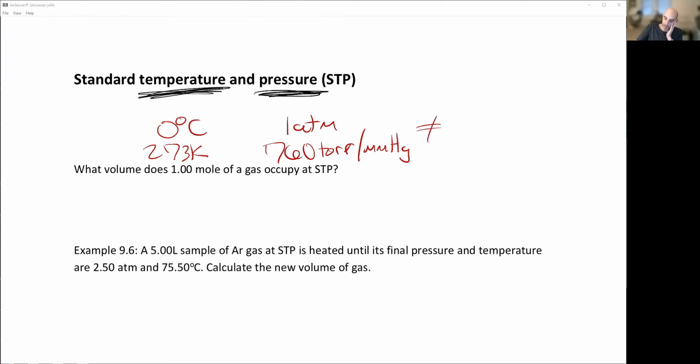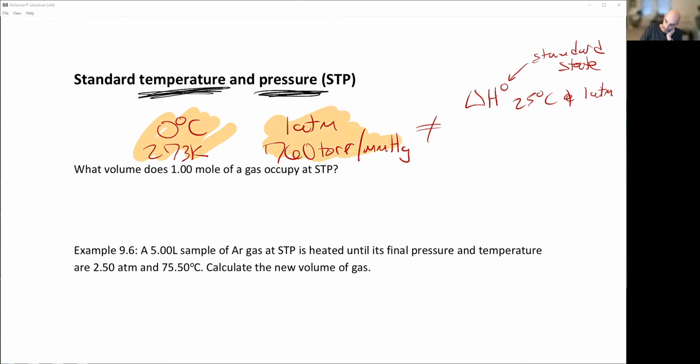It's important that this does not equal the delta H naught, where we had this idea of the standard state. The standard state was at 25 degrees Celsius and 1 atmosphere. The important part is that the standard state is different from standard temperature and pressure.